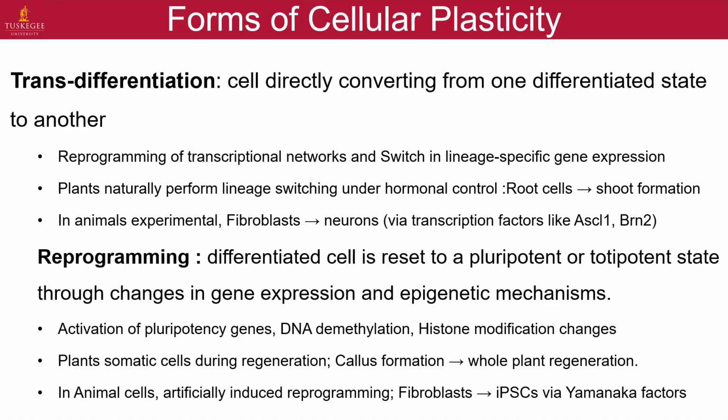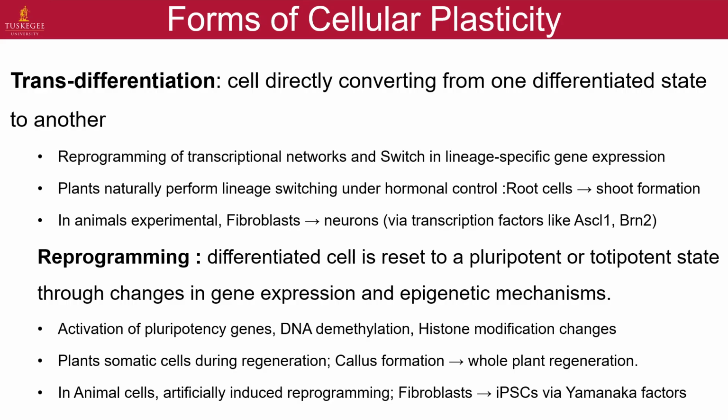We continue with transdifferentiation. So transdifferentiation is when we have cells directly converting from one differentiated state to another without first going into a stem cell state. So for transdifferentiation to occur, reprogramming of transcriptional networks and switching in lineage specific expression occurs.